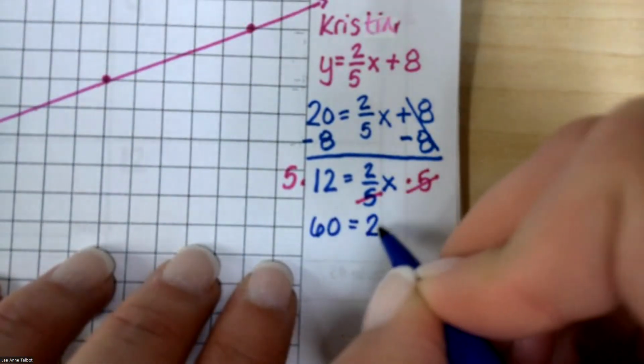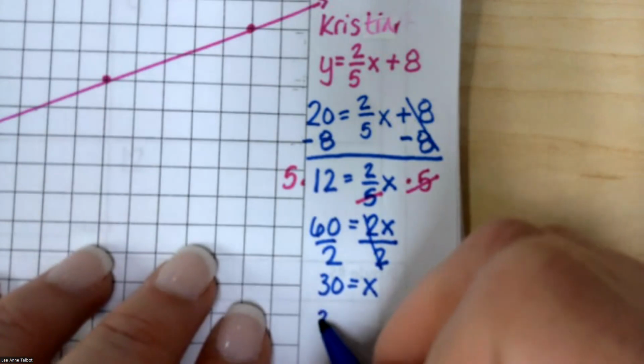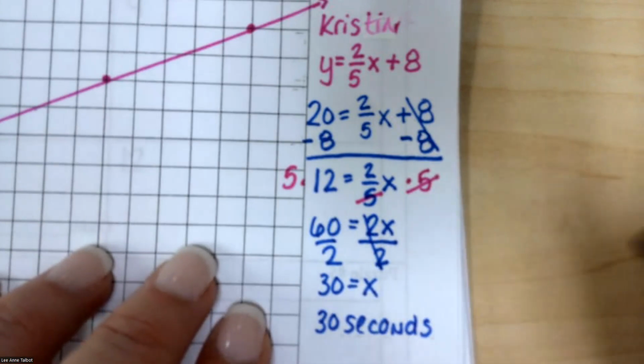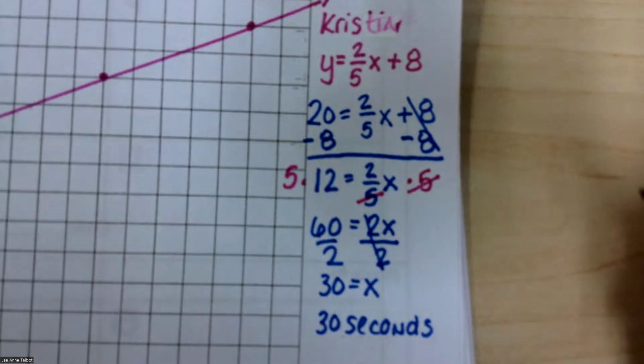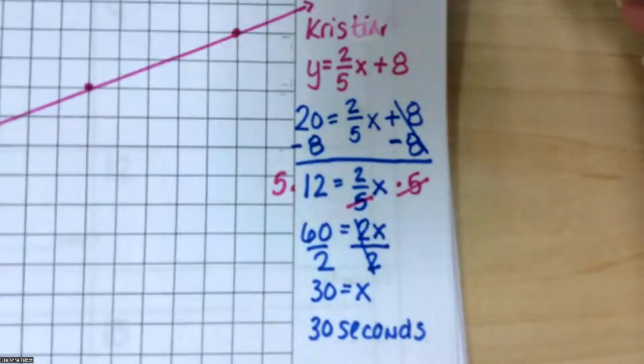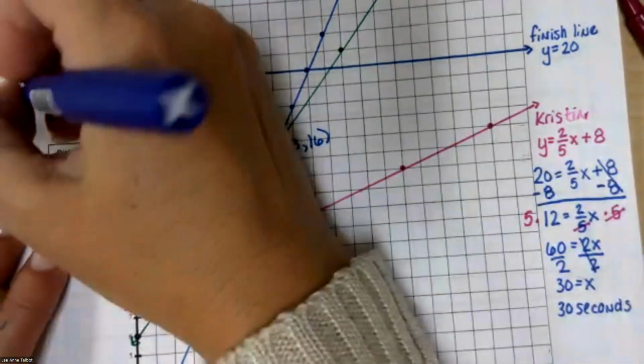So 60 equals 2x. Okay, so I'm going to come back over here. Kristen was 30 seconds.